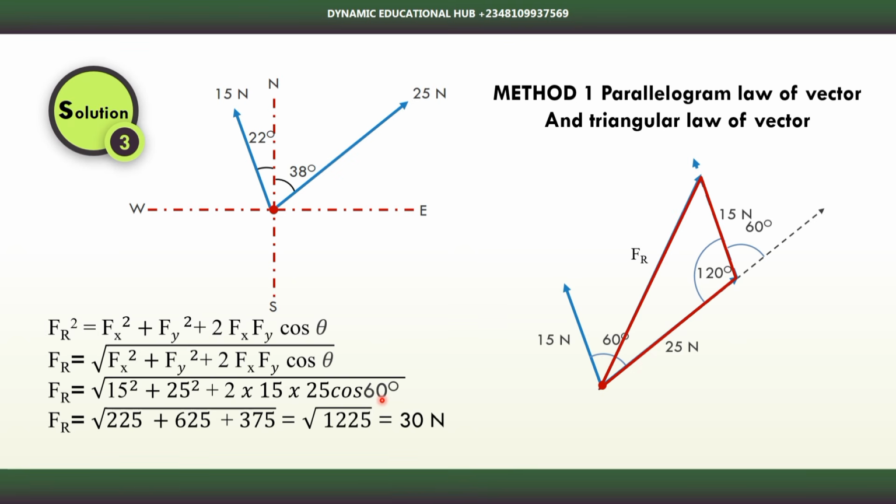When you do cos 60 degrees, that's 0.5. Multiplying it by 2, 2 is gone. 15 times 25, you have 375. Adding it up, you get square root of 1225. And when you find the square root, you have 30 Newton, which is still the same thing as what we solved earlier, but you can see that it's actually simple.